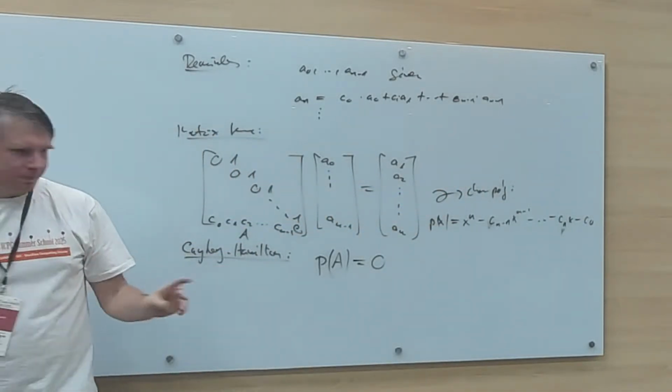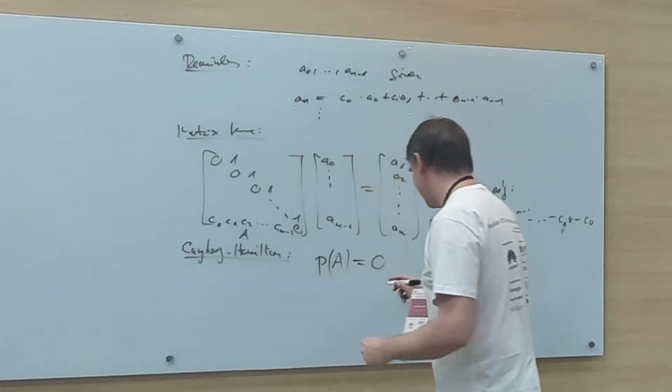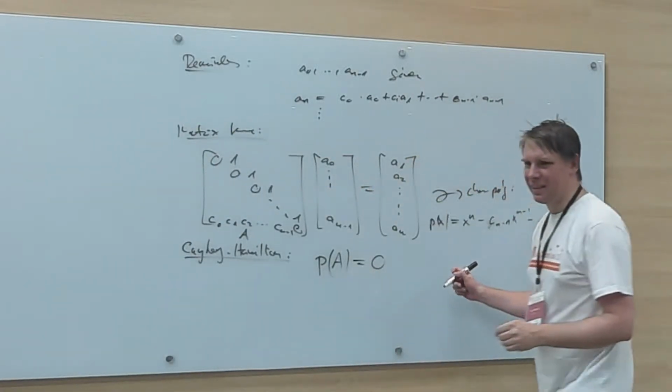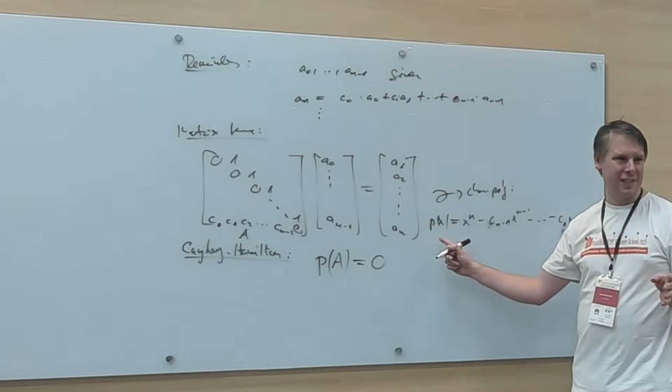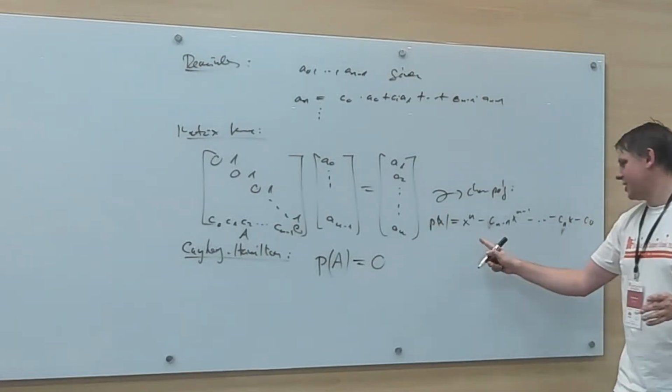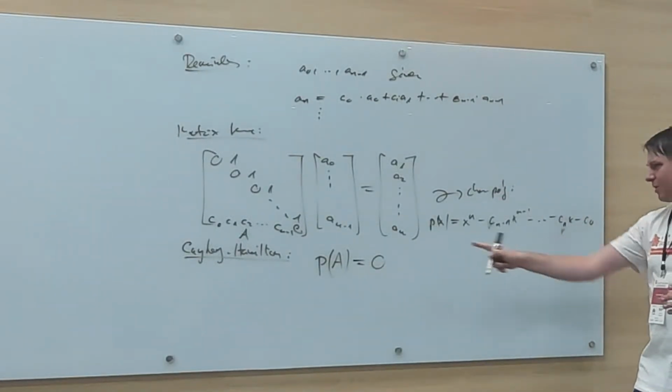Okay, and now if you look at this relation, and I think that's where I finished discussing yesterday, substitute matrix A, you get 0.